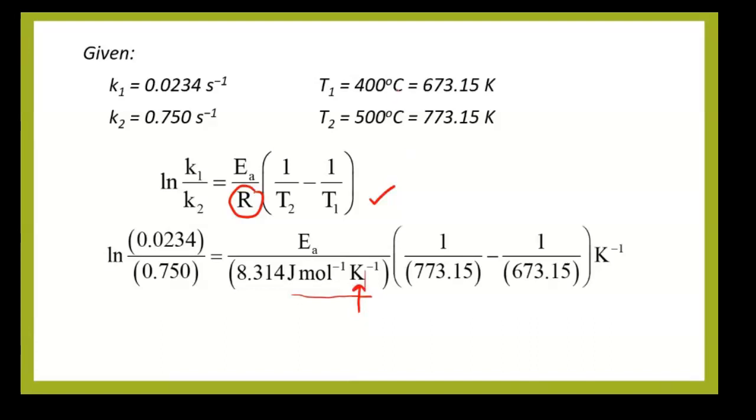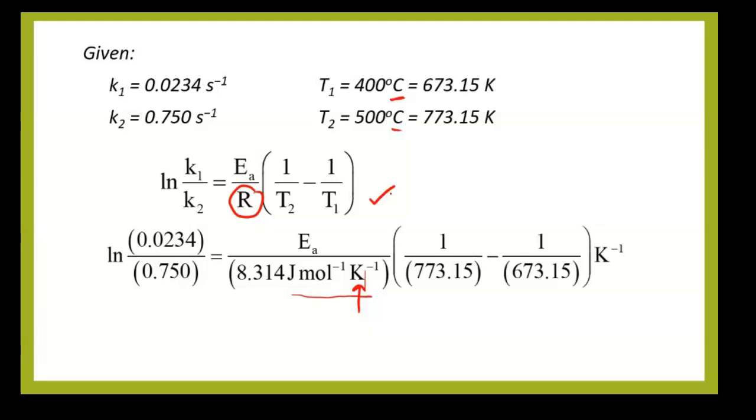The question gives you degrees Celsius, so you must change the value to Kelvin. How do you remember whether to change the unit or not? Look at the unit of the constant value R, 8.314 joule per mole per Kelvin. The unit of temperature in R is K, so you must make sure your temperature is in Kelvin. Change the temperature given to Kelvin.